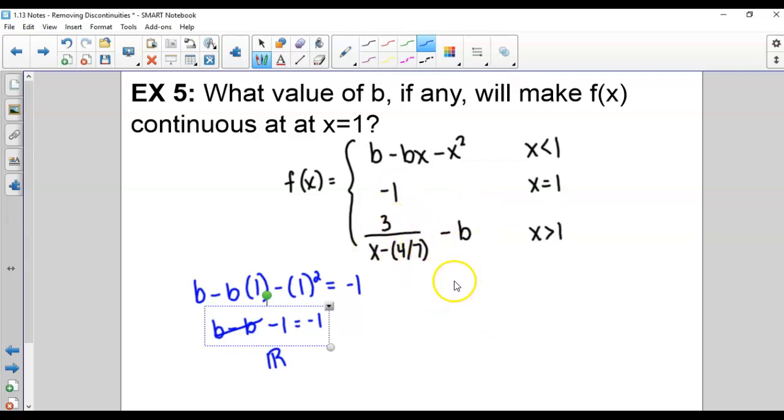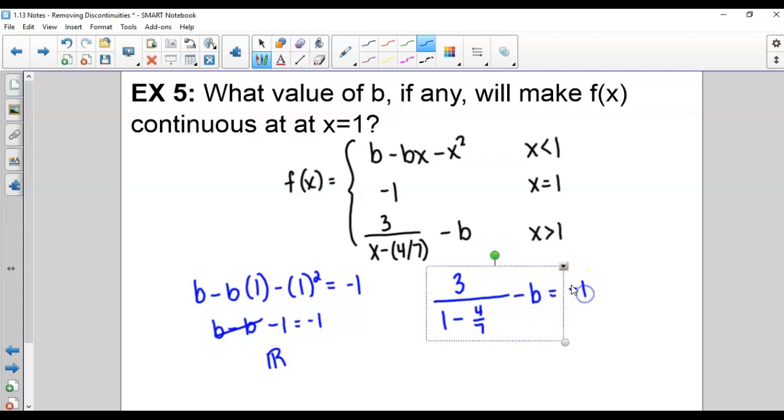So if I have 3 over 1 minus 4/7 minus b, that is going to equal -1. And so 1 minus 4/7 is going to give me 3/7, so I'm going to have 3 over 3/7 right there.